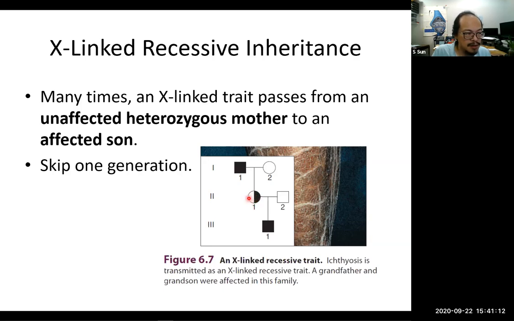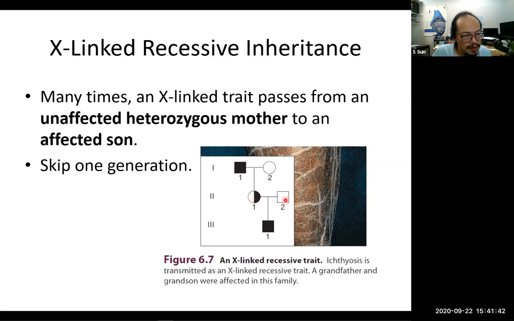Now this daughter will not show it because this is recessive. She got one good gene from the mother and one failed gene from the father. And since she has a good X here, it compensates for the failed one. So she will not show any illness.